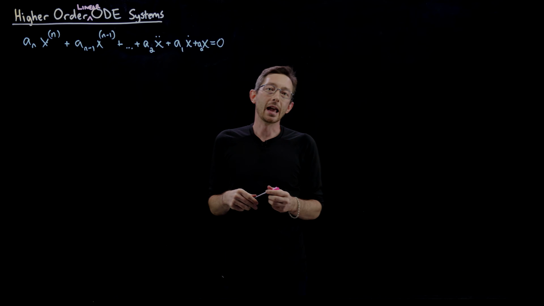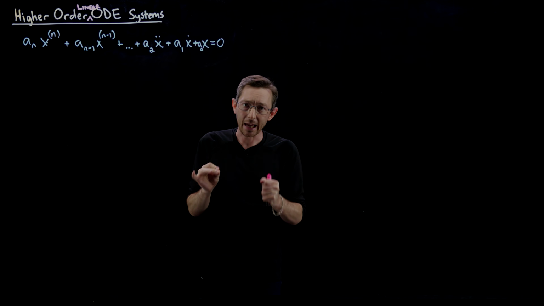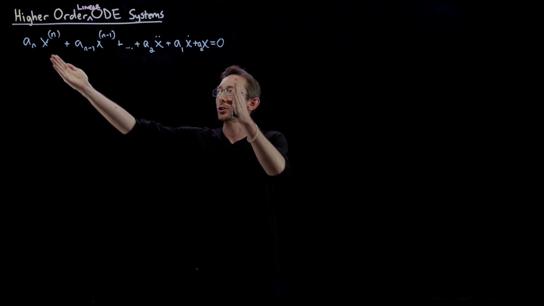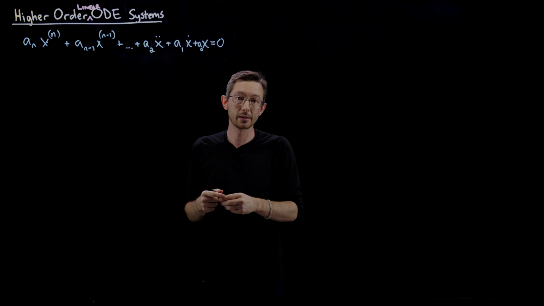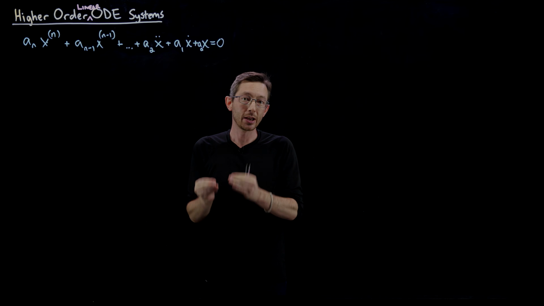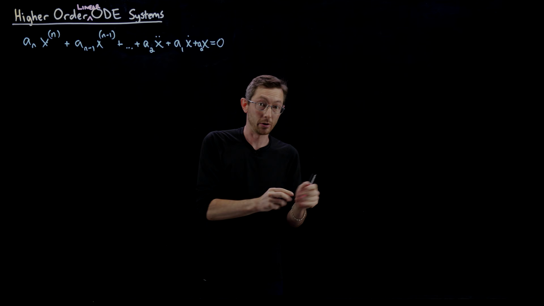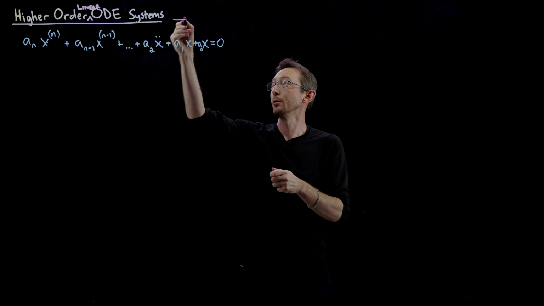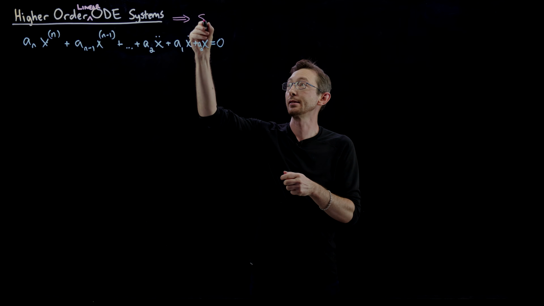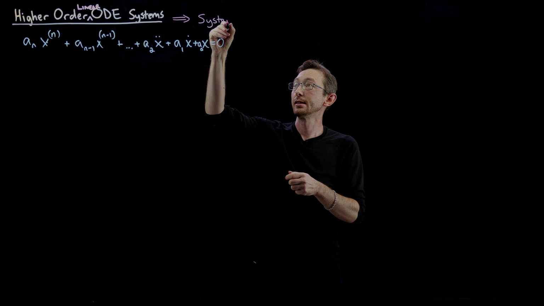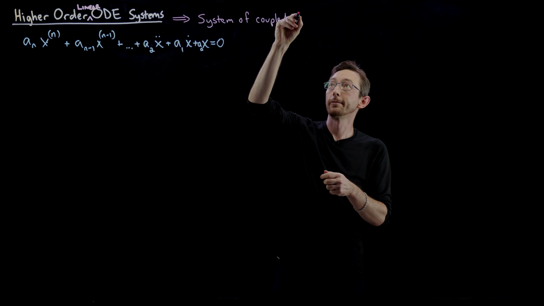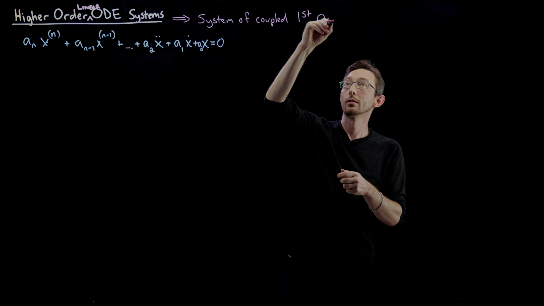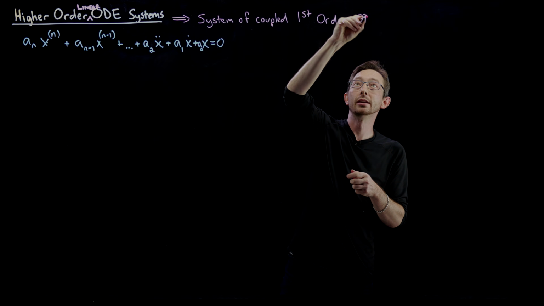And today, what I'm going to show you is how to turn this high order ODE with a lot of derivatives into a coupled system of first order ODEs. So specifically, we're going to turn this into a system of coupled first order ODEs.